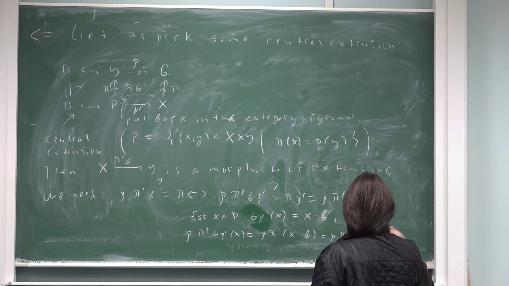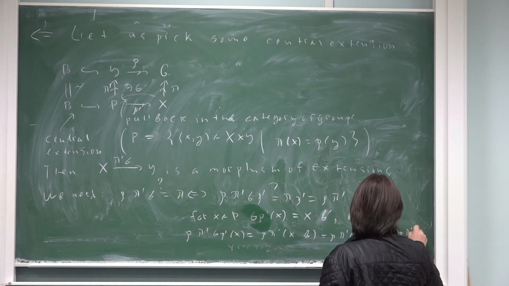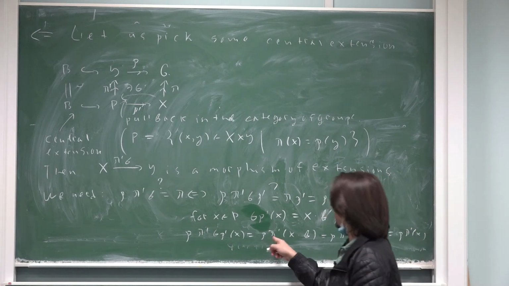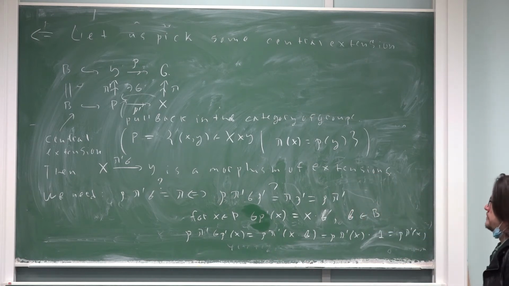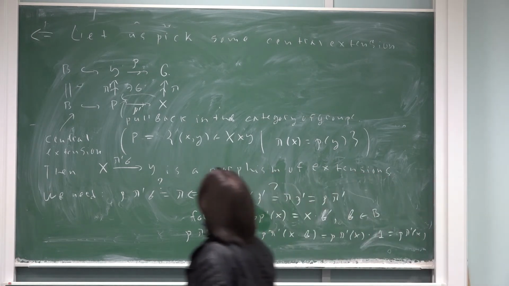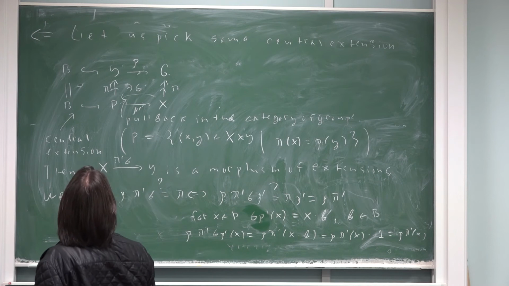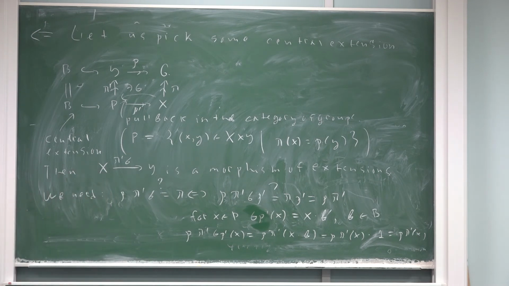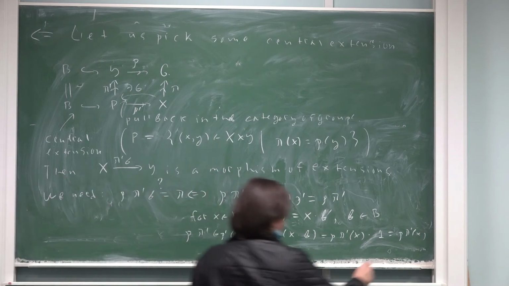So we multiply by 1, so it's rho pi prime of x, because b lies in the kernel of rho pi prime. Okay. And so we are done.